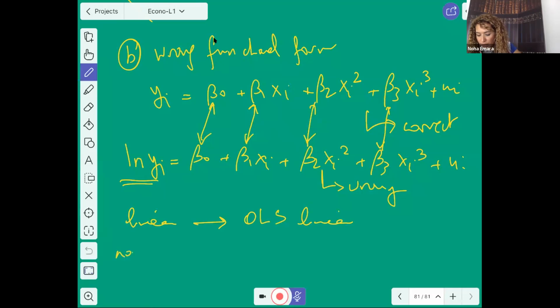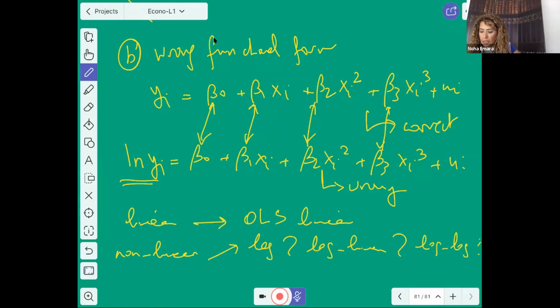If the model is nonlinear, then I have to determine: is it log linear? Is it a log model? Is it polynomial? I have so many options of nonlinearity. That's why you can run into so many problems about the wrong functional form, and that's why we have to study what the possible types of models are and how I can know which model best fits my data set.